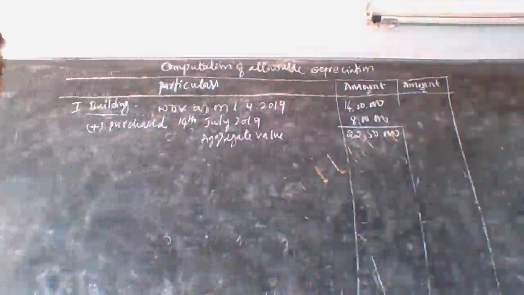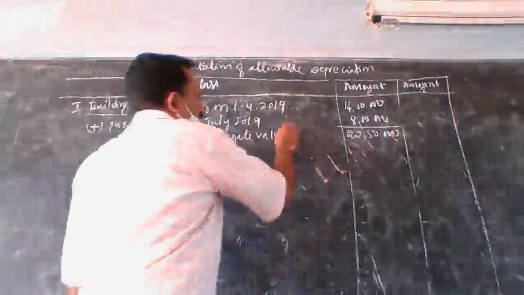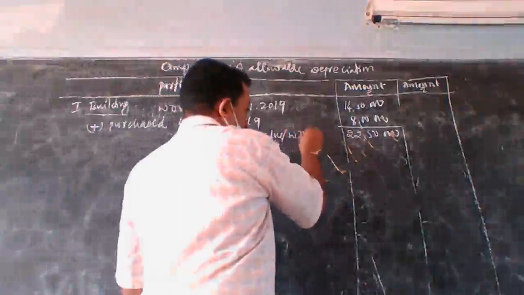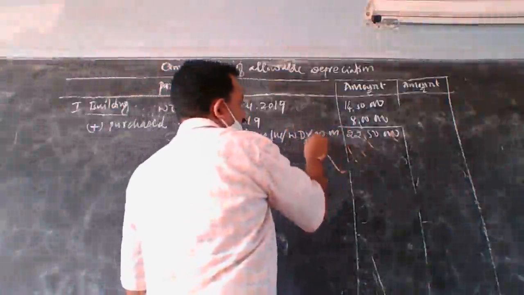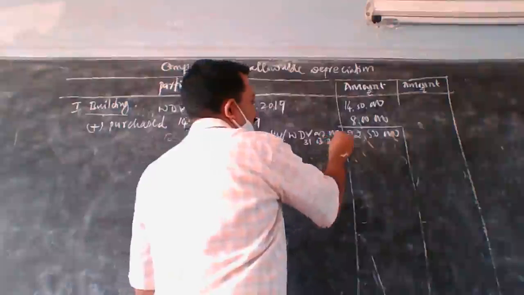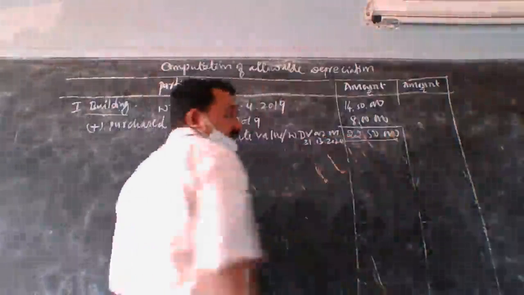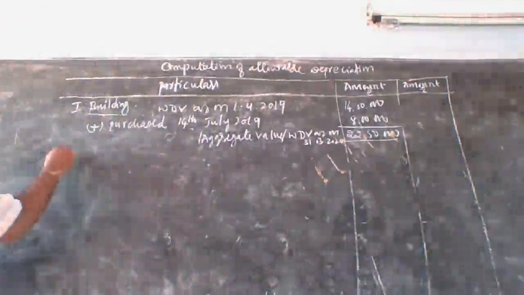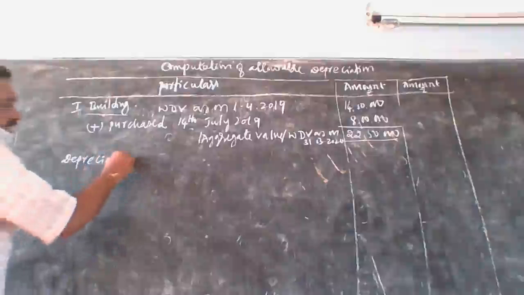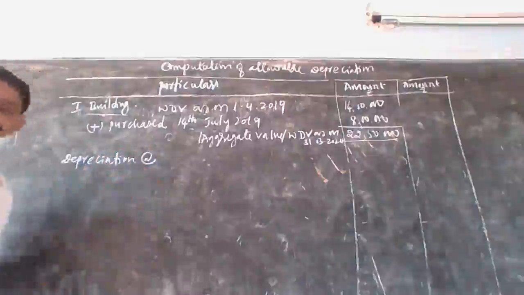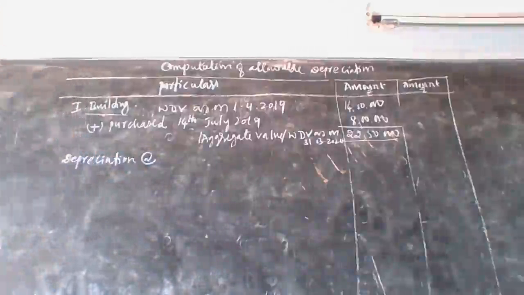No, isn't it? Same aggregate value and WDV as on 31st March 2020: 22 lakh 50,000. So what is the percentage of depreciation on building? 10%, isn't it?